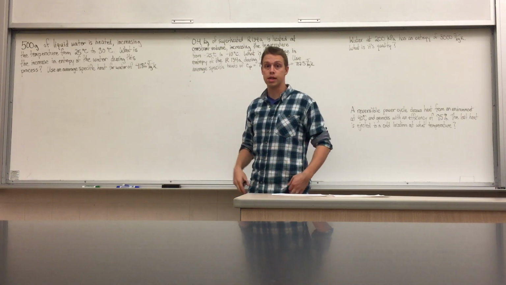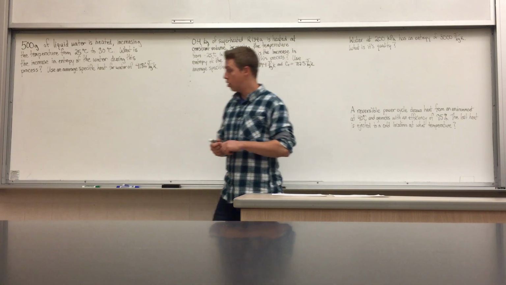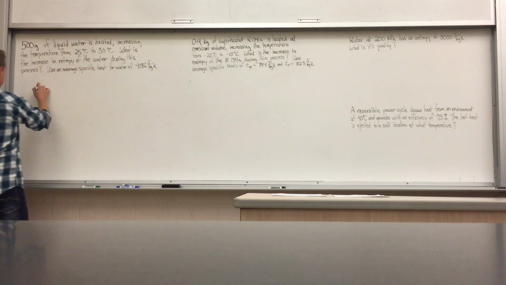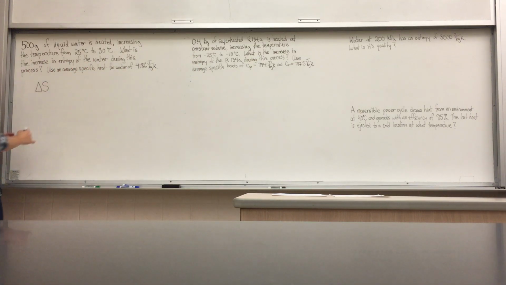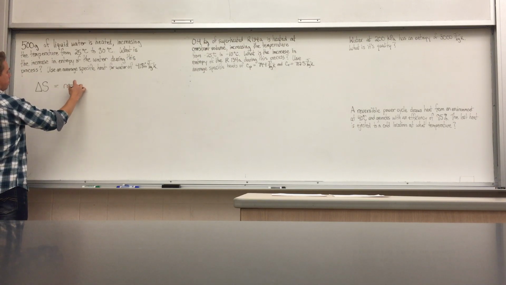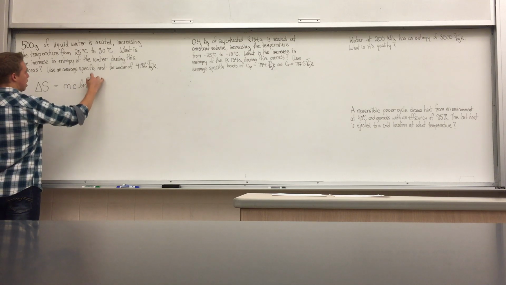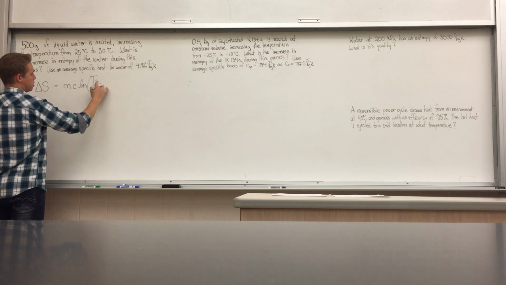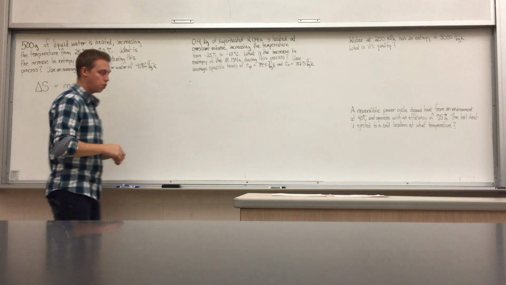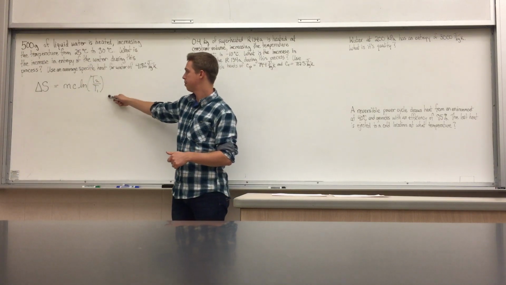We're not crossing into a mixed region. And so we're going to use the formula for the entropy change of an incompressible substance, the formula we have for solids and liquids, which is that delta S equals m c ln of T2 over T1. Okay?